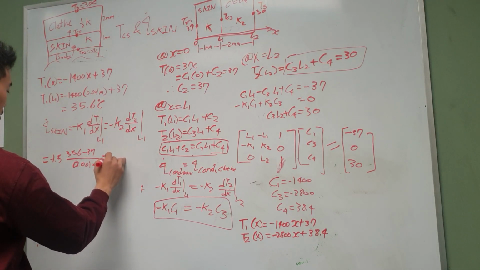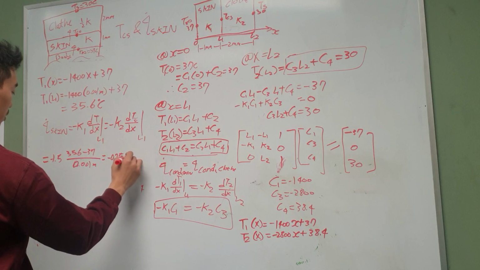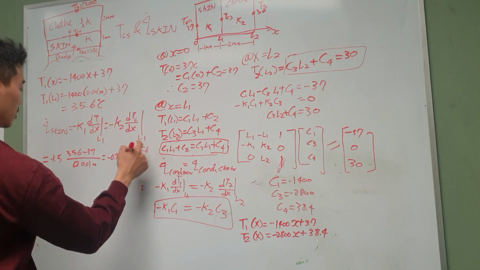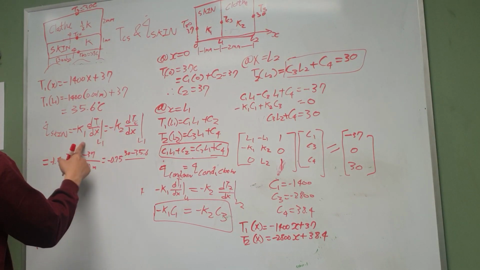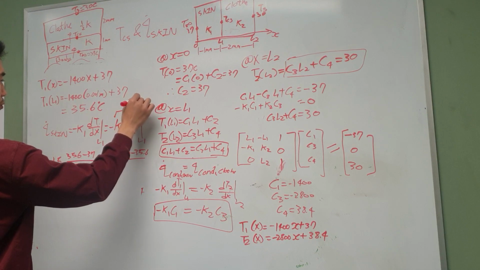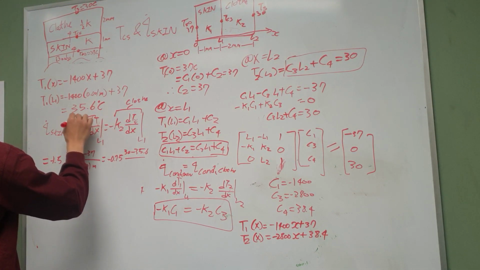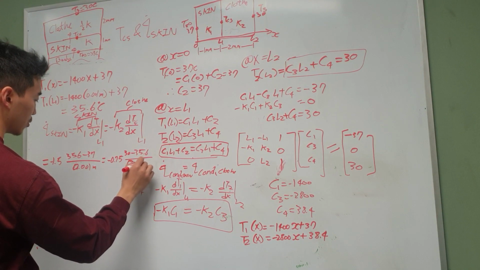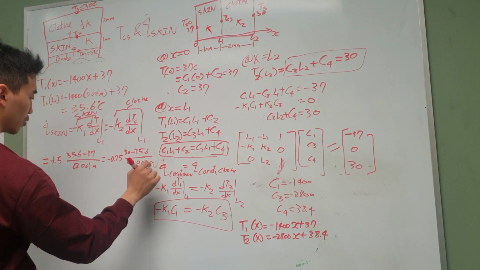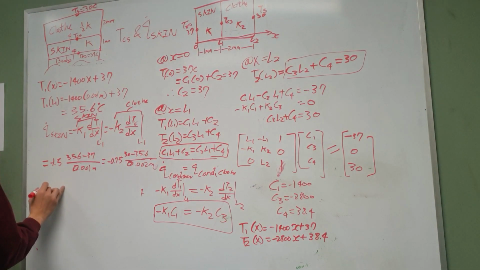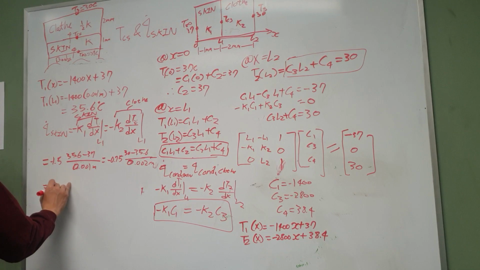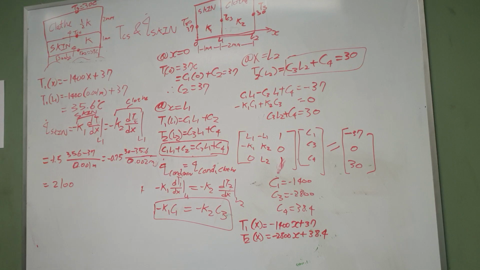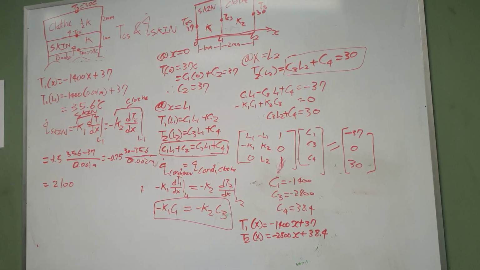Or we could do negative 0.75, times 30 minus 35.6. So this is through the cloth, and the other is through the skin. And dx of 0.002 meter. And either way, it should give you the value of 2100. And these are the two ways to solve this problem.